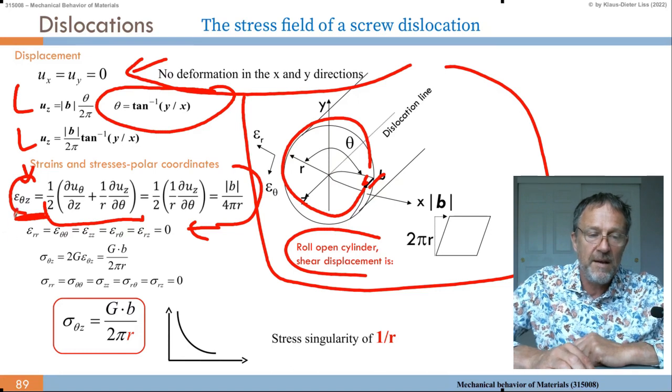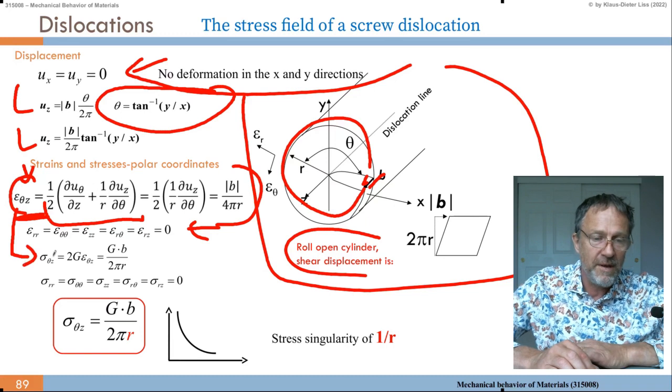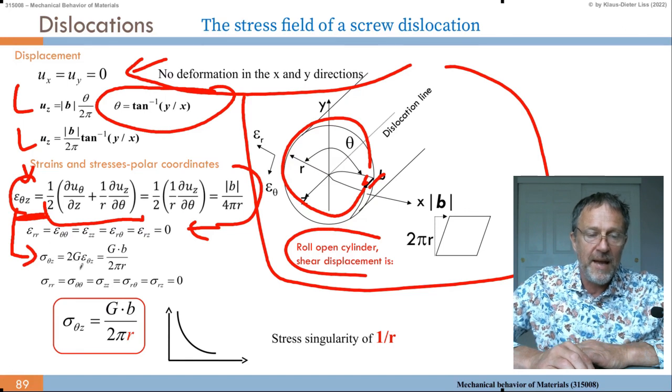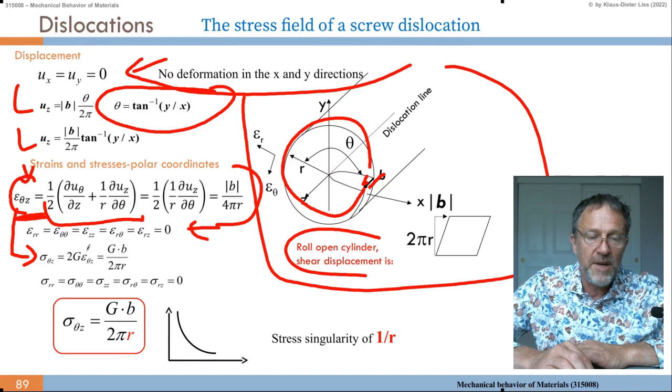And then we can put this epsilon theta z into the constitutive equations and get sigma, the stress now, the shear stress, sigma theta z equals 2 times the shear modulus, epsilon theta z, and this becomes G times b over 2 pi r.